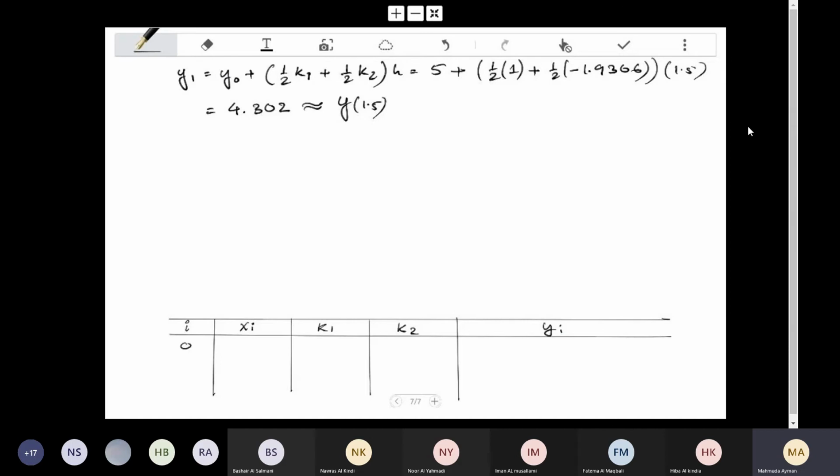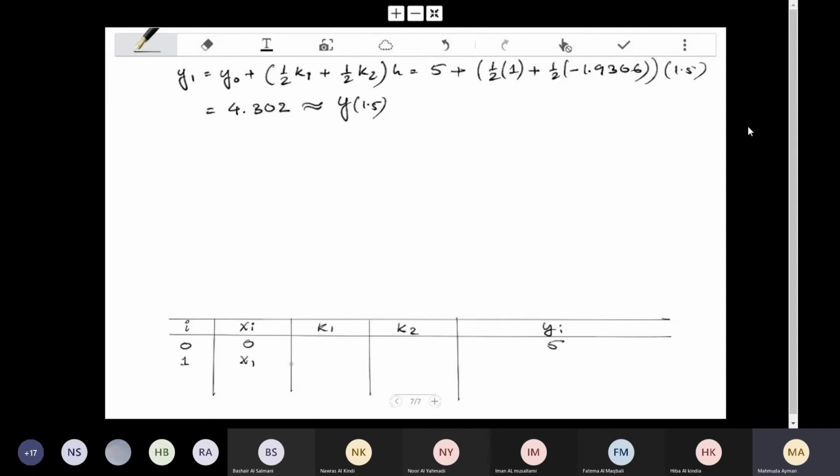So when i is equal to 0, x0 was 0, and of course there was no k1, k2, and yi was 5. In the first step we don't need k1, k2 because y was given to us. Now we are finding the second one, at i is equal to 1.